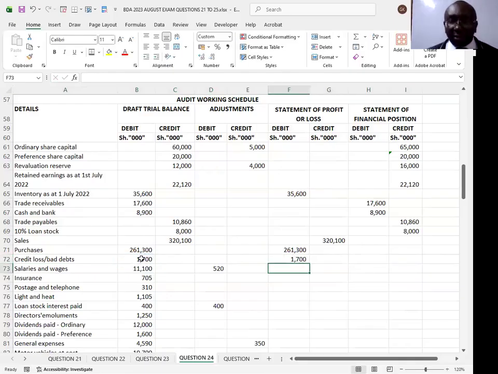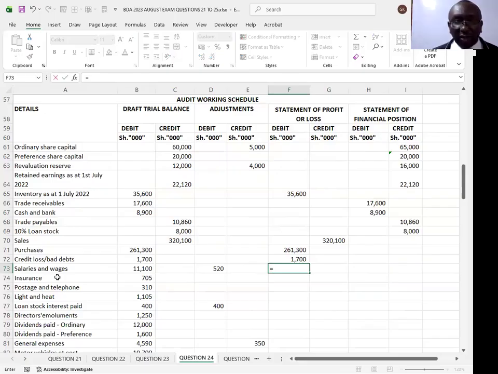Salaries, those are expenses. But as you can see, there was an adjustment, a debit. So this debit must have been an accrual. So we are going to say 11,100 plus this 520. We add.